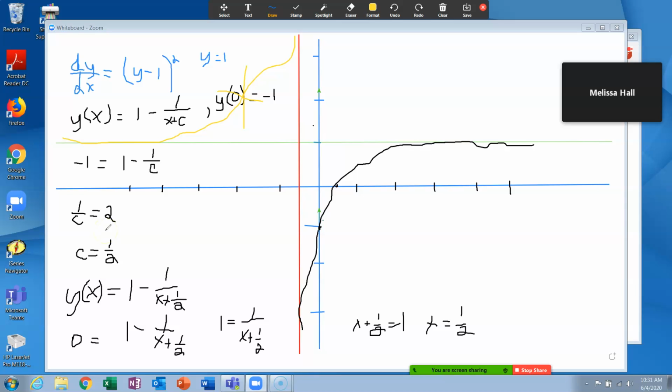No solutions there. Only has solutions here. So the interval of solution is open parentheses, negative 1/2 to positive infinity. That's the only part of this that has a solution curve. This part up here cannot possibly be a solution for this differential equation with that initial condition. Okay? Good questions. Excellent questions.